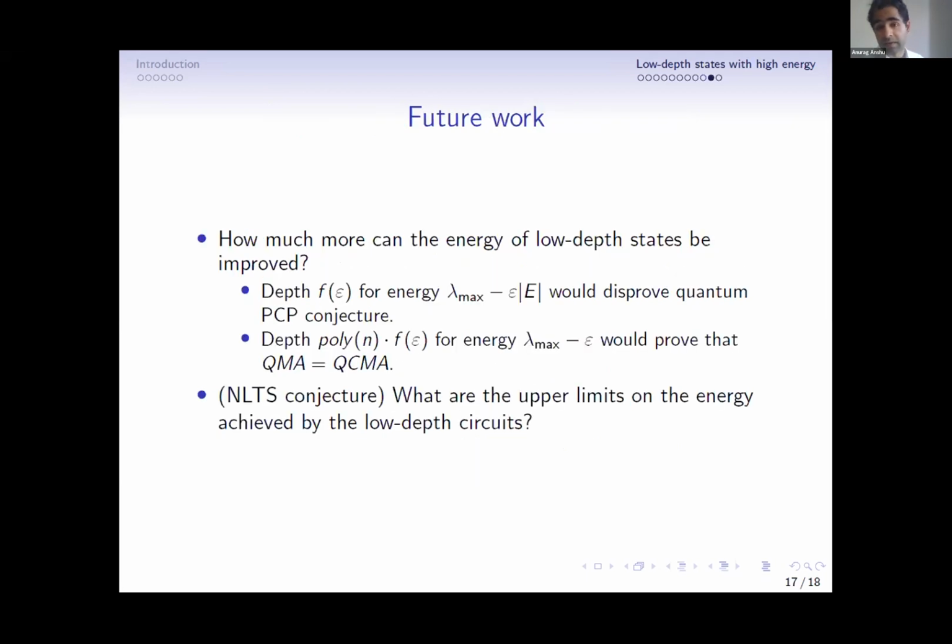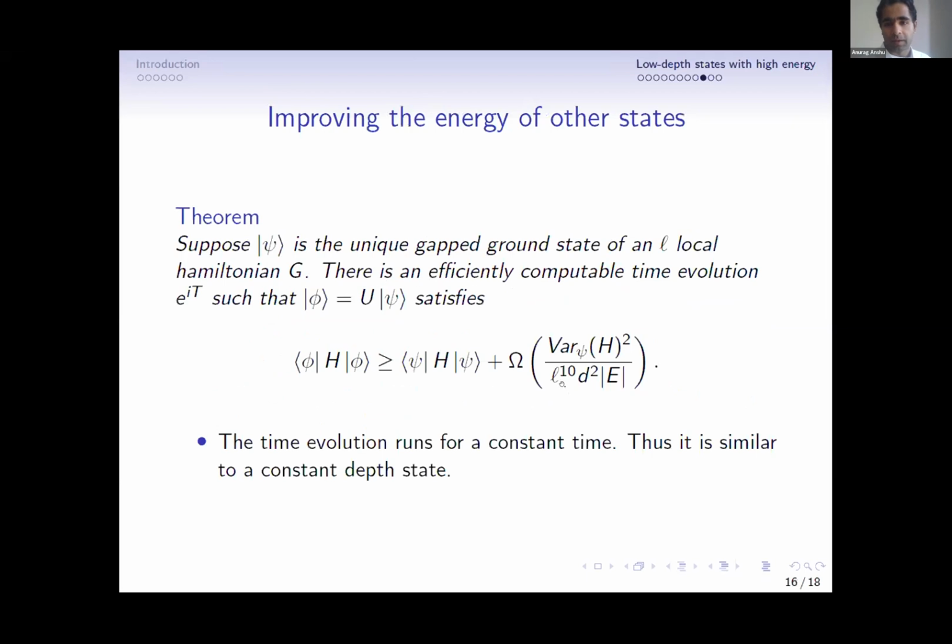But how well can variational quantum algorithms really improve the energy? For example, if this L to the 10 term wasn't here in this expression, this should show that you can improve the energy of a product state all the way to max energy, as long as on the way you never got stuck in a local minimum.